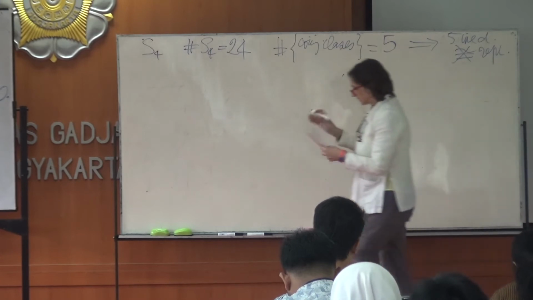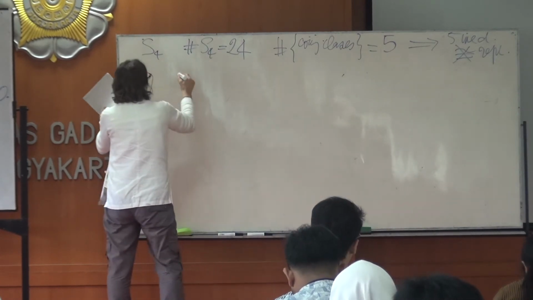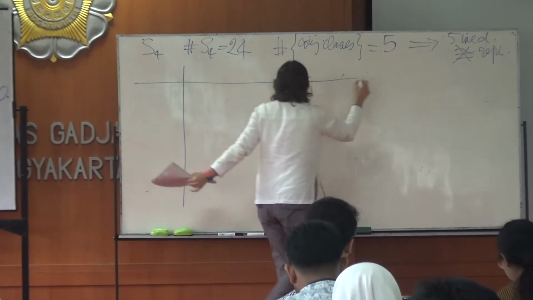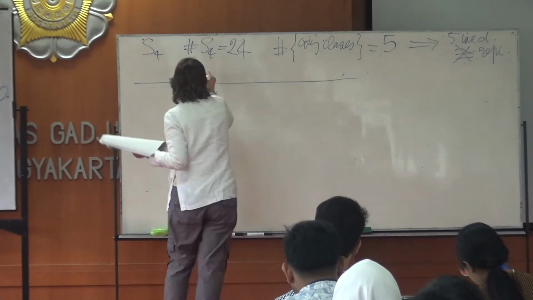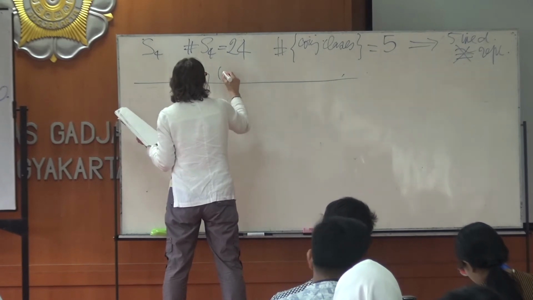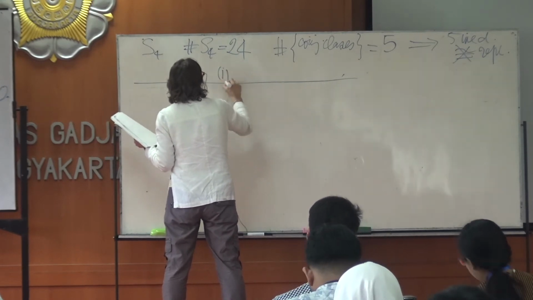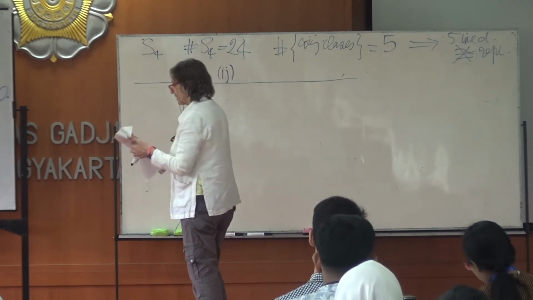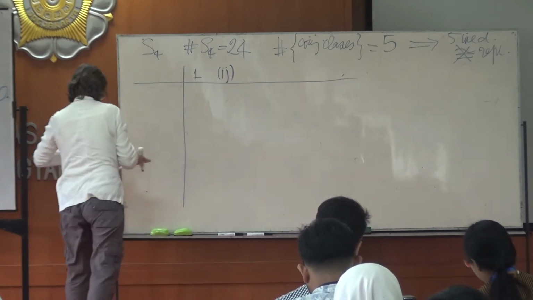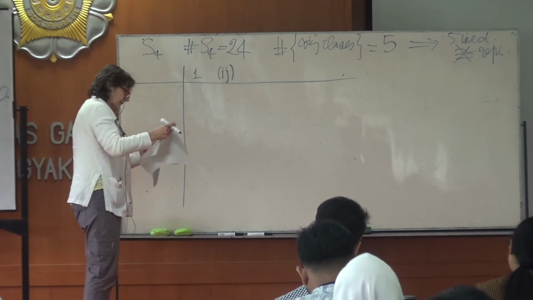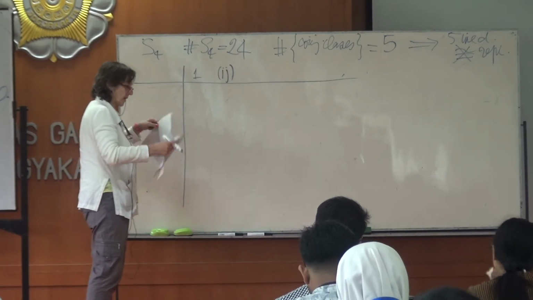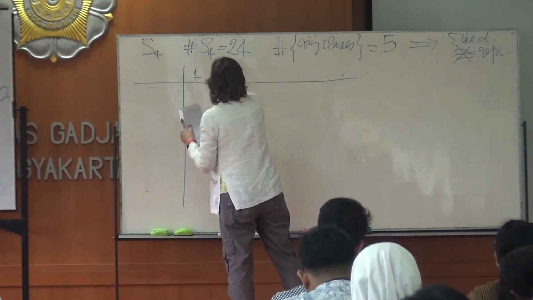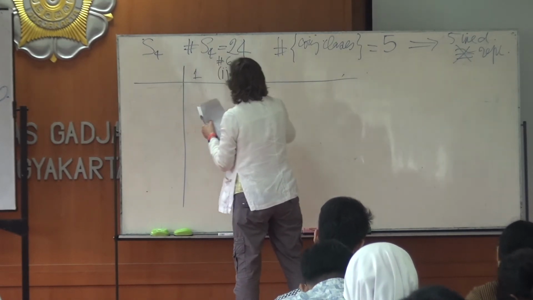And now again, we try to construct the character table. So the conjugacy classes are the identity, the 2 cycles. But let me try to see whether I can use the same order. So 2 cycles, these are 6; the cardinality of this conjugacy class is 6.